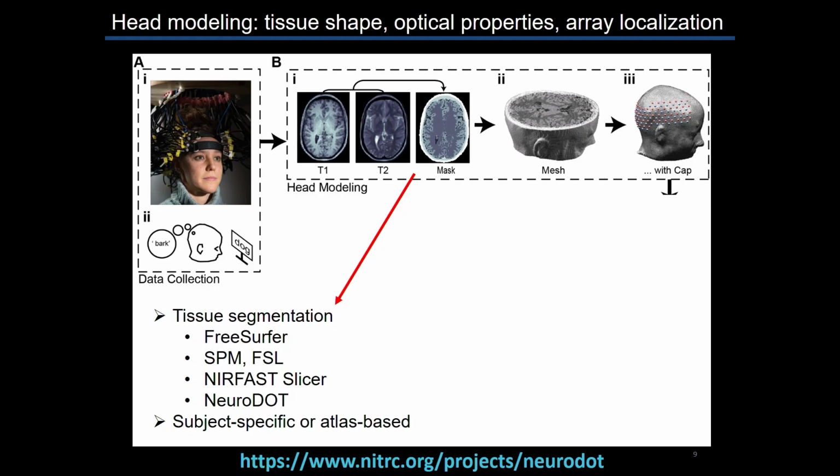So we want to figure out the optimal pre-processing for the optical data, put it in the same format as the fMRI data, and then we're off and running, and you can analyze data in NeuroDot or in any of the fMRI-focused toolboxes. So it's all the same, because we want to be able to have cross-modal analysis and comparisons between DOT and fMRI.